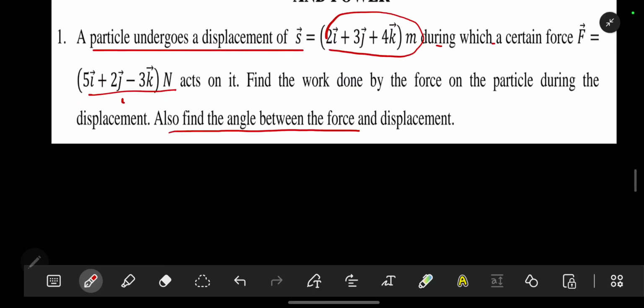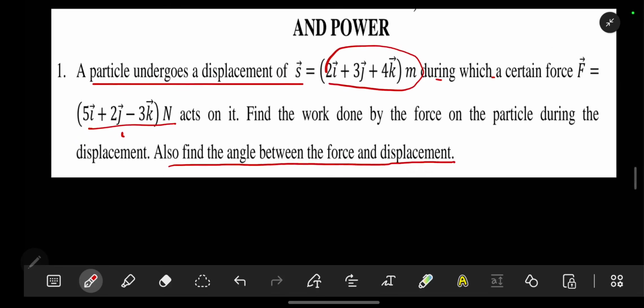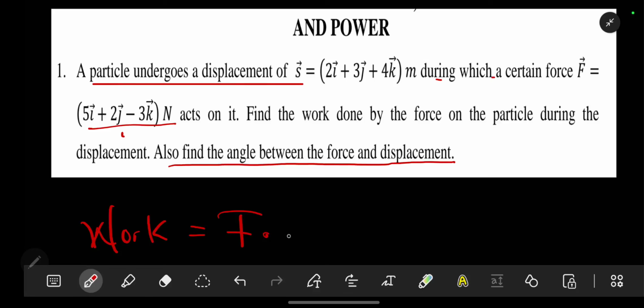Also find the angle between the force and the displacement. If you are provided with vectors, the work is equal to the dot product, F dot S. So the work is equal to the dot product.